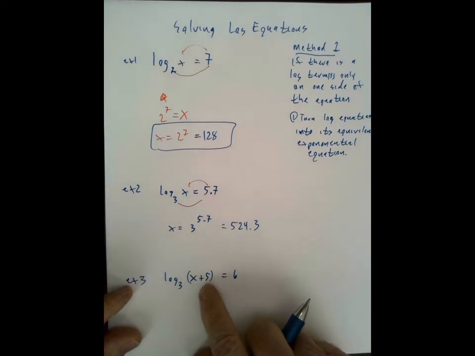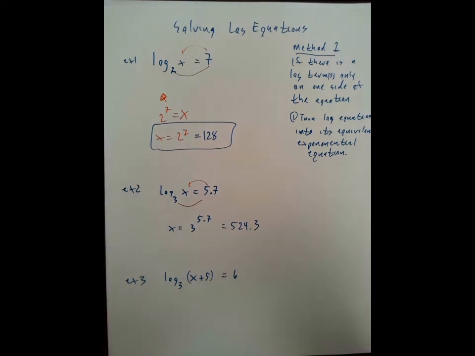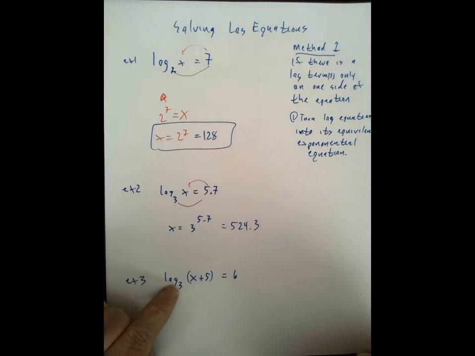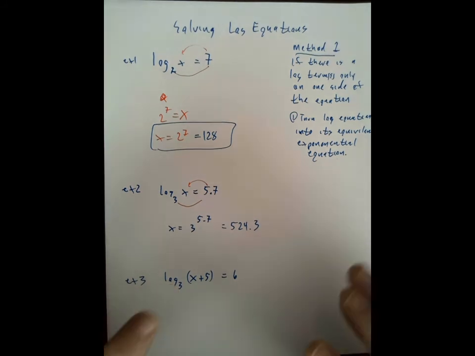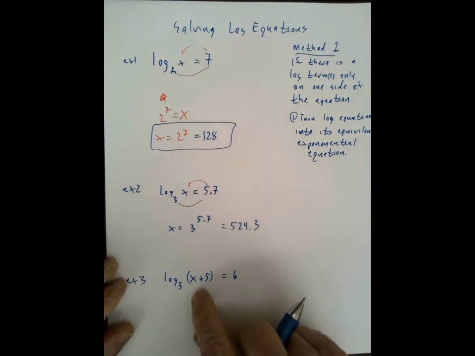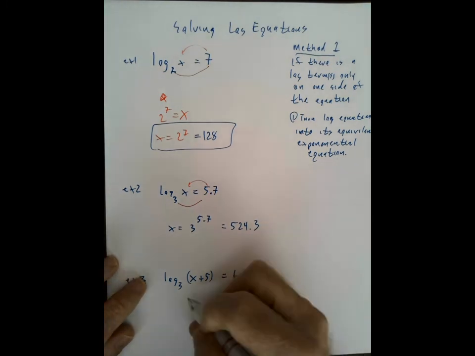We can't just subtract 5 because that's not 5. That's log x plus 5. We've got to work from the outside in like we did with exponents. So we've got to get rid of the log term first. And the way we do that for these type of problems where there's only a log over here is we turn it into its exponent, right?